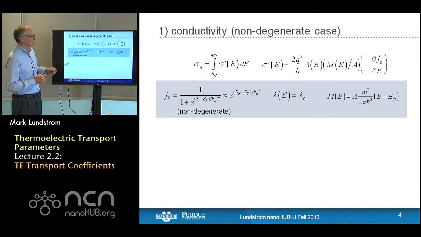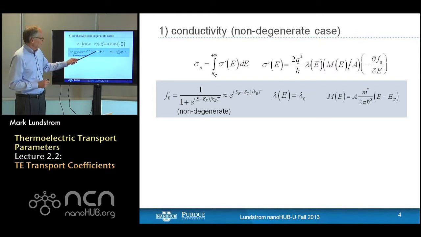Let's look at the conductivity, and let me first of all think about a lightly doped semiconductor, non-degenerate. Fermi level is well below the bottom of the conduction band or well above the top of the valence band. So we can approximate our Fermi function in those cases by an exponential. So the probability that states in the conduction band are occupied is very low.